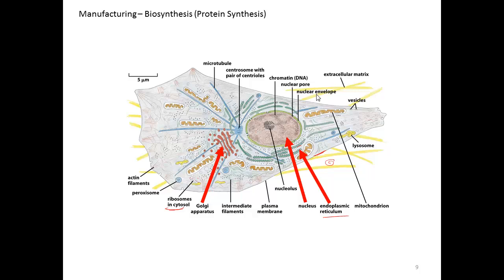As we already mentioned, the entire protein synthesis process starts in the nucleus, where DNA gets converted to RNA. The RNA will diffuse out into the cytosol or be transported out into the cytosol, either to the rough ER or the ribosomes in the cytosol.